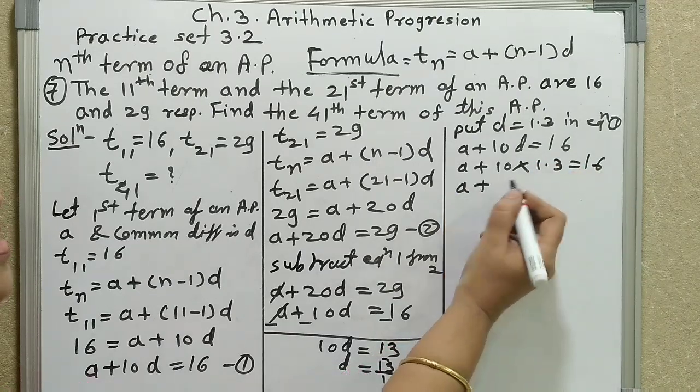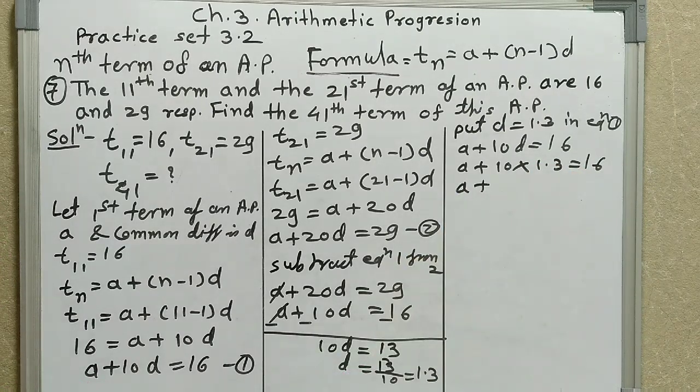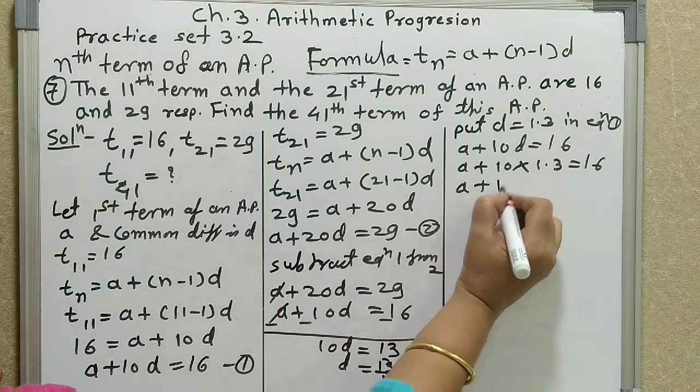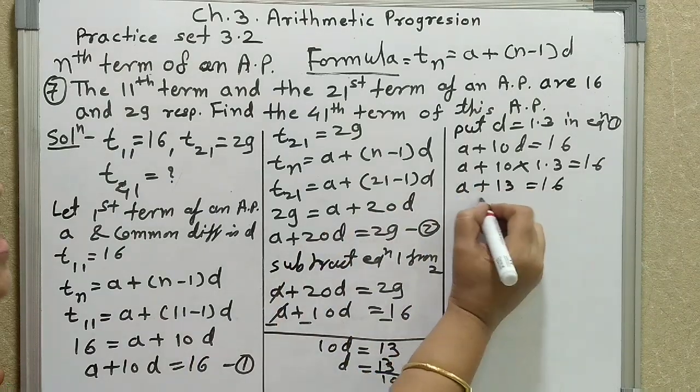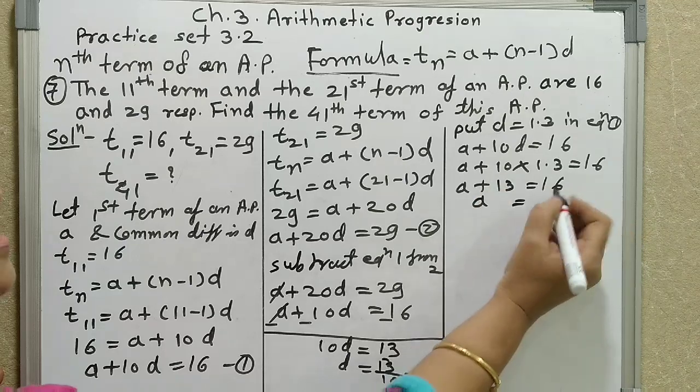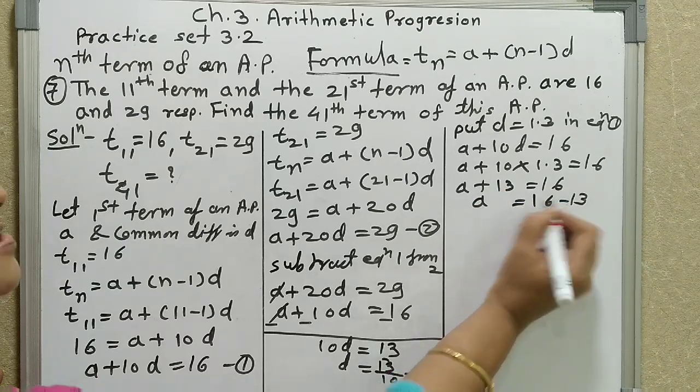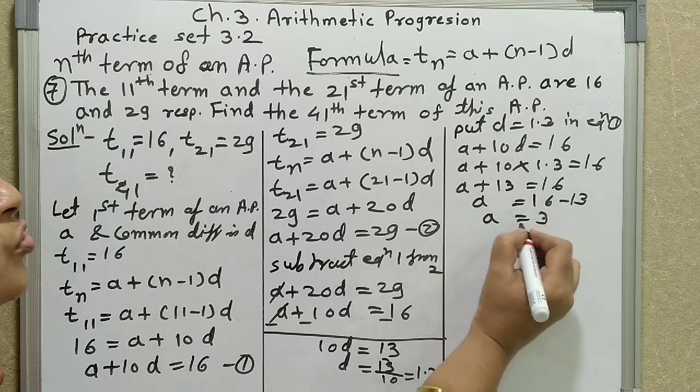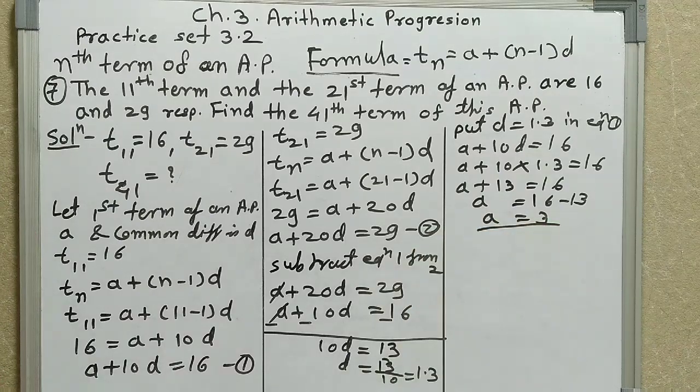So A plus 10 into 1.3, that is 13, equals 16. A plus 13 equals 16, so A is 16 minus 13. A is equal to 3. This is the value of A. The value of D is 1.3 and the value of A is 3.